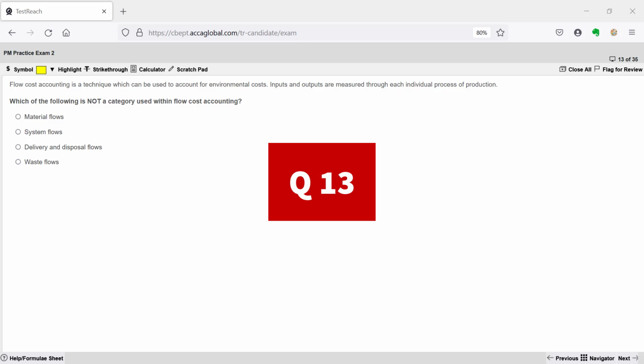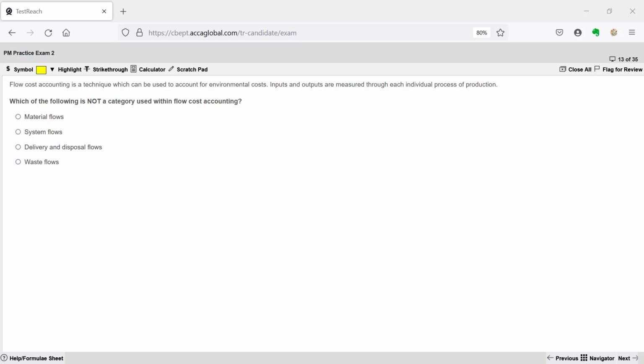Question 13, a rather tricky topic. This is testing your deep knowledge of environmental management accounting. Now, if you had time pressure when you were preparing for your exam, maybe you have a difficult job, maybe you're a busy family person, you might not have studied the materials at the depth required to answer this question.